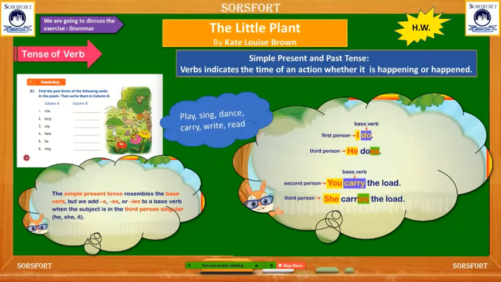Now second person. Second person is you. Here the base verb is carry. You carry the load. When the subject is third person like she or he, it will be she carries the load. Here we added IES. I told you before, IES. So it will be she carries the load. It is the present form.